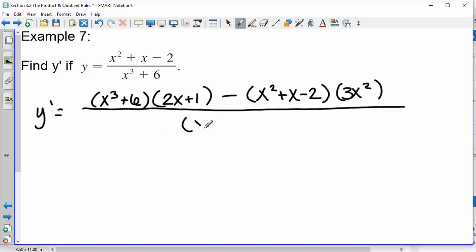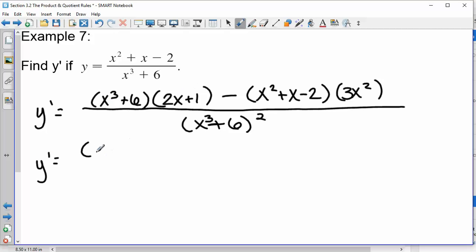Over low, so the bottom, squared. Okay. We are going to do a little bit to clean this up, but we're not going to any great lengths. I am not going to mess with the denominator. The numerator, we do need to multiply this and see if we can combine any like terms.